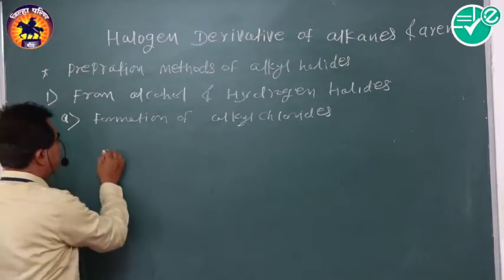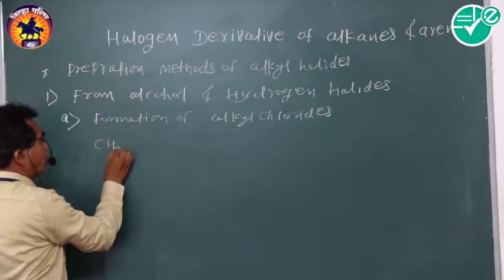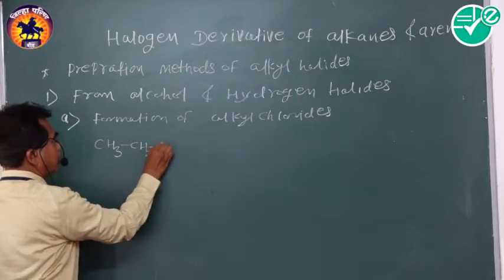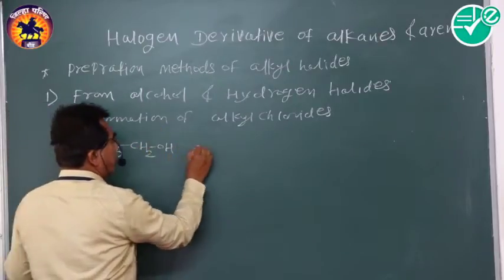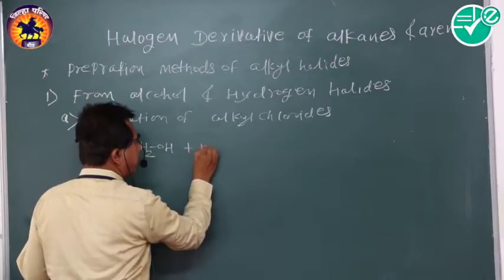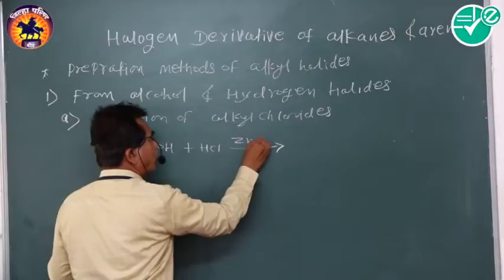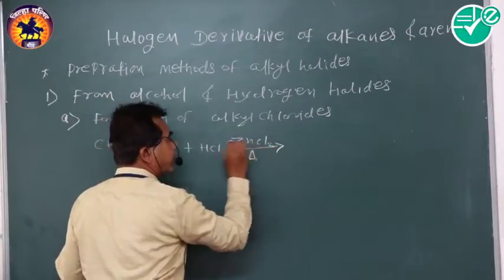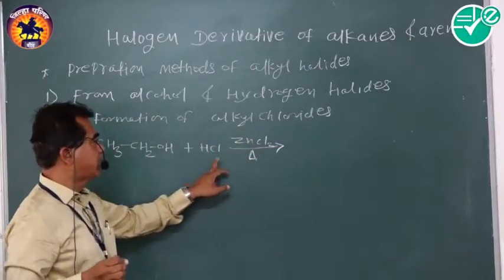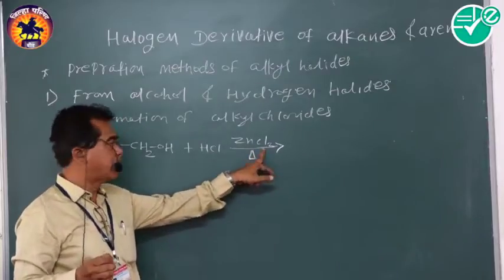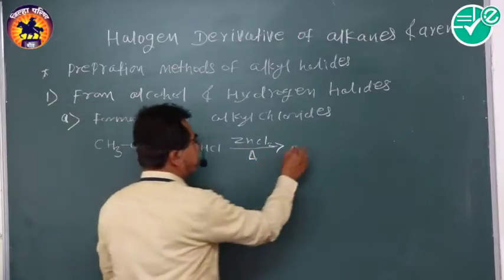So, we take firstly a primary alcohol, that is ethyl alcohol, which reacts with concentrated hydrochloric acid in the presence of ZnCl2 and somewhat heating. Such concentrated HCl and ZnCl2 is called the Lucas reagent.